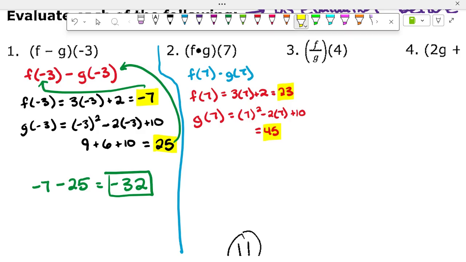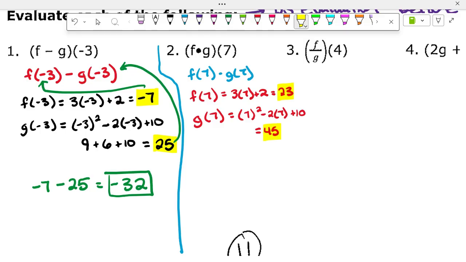All right. f of x from up top, because we're still using that same f of x, is 3x plus 2. So f of negative 3, notice how the negative 3 is replacing the x. So that's exactly what you would do here. So you do 3. I don't know why I said negative 3, should be 7.